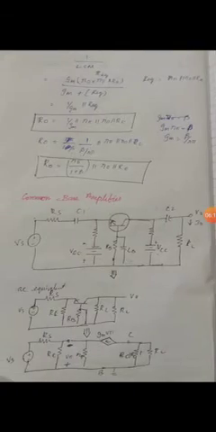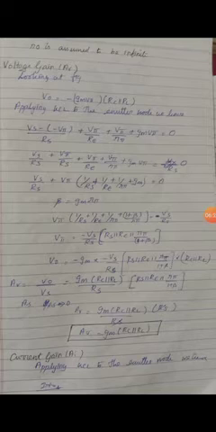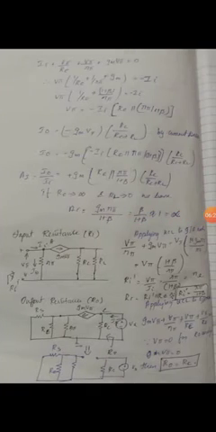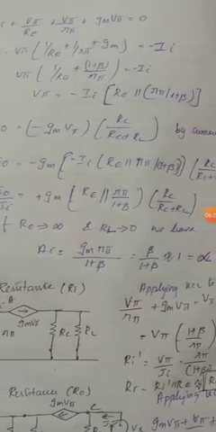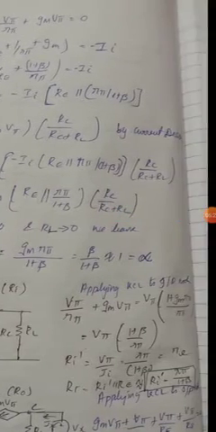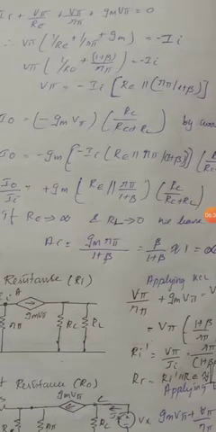Next we have to go for the current gain. By applying KCL to the emitter node, we get II plus V pi by RE plus V pi by R pi plus GM V pi equal to 0. Taking V pi separately, V pi will be equal to minus II into RE parallel with R pi divided by 1 plus beta. Already we have obtained that.